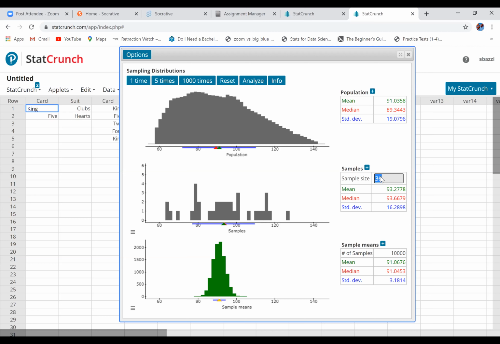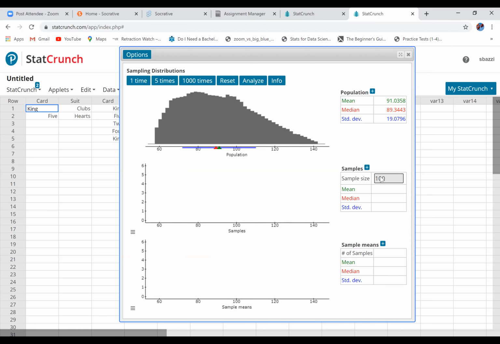I'm gonna make the sample size 100. I'm gonna change this population, make it skewed left. Watch. There you go. So I got a mean of 107 and a standard deviation of 19, and let's do 1,000 times.